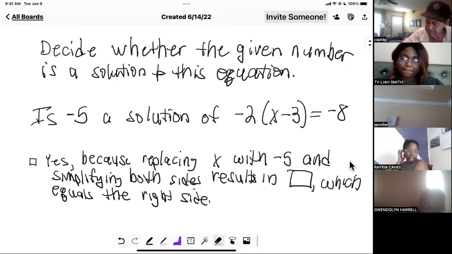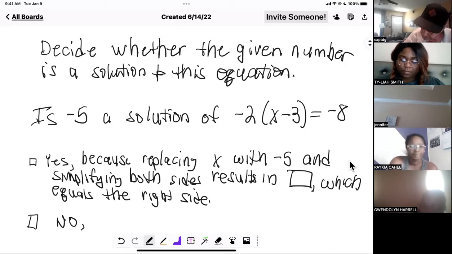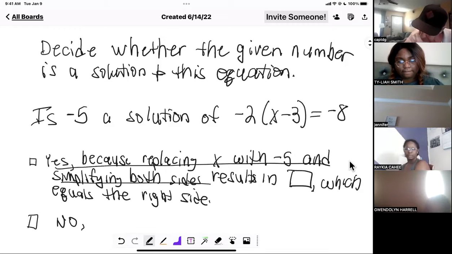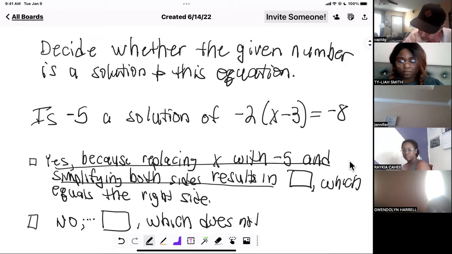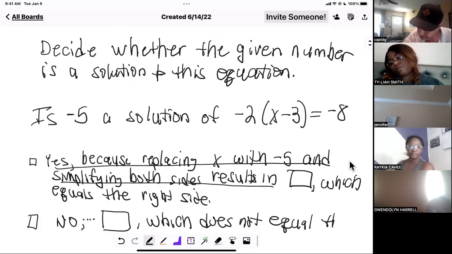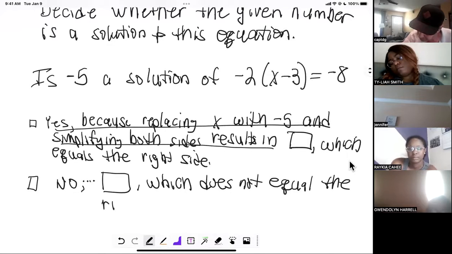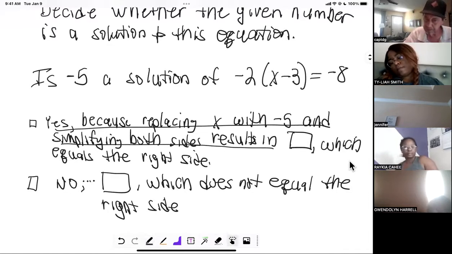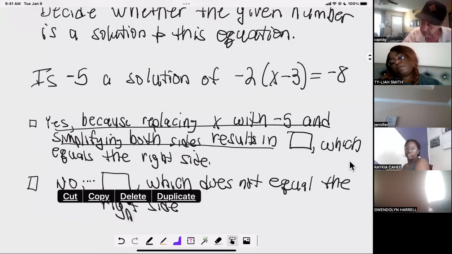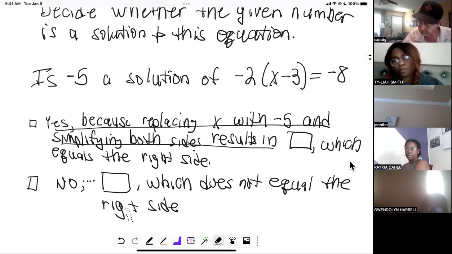Or it'll say no, because replacing x with -5 and simplifying both sides results in blank, which does not equal the right side. A lot of words. So all it's asking you to do in this big, long, confusing thing they're trying to say is: is it a solution or not, basically.